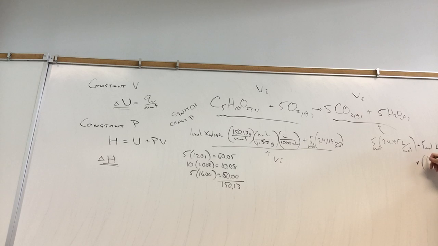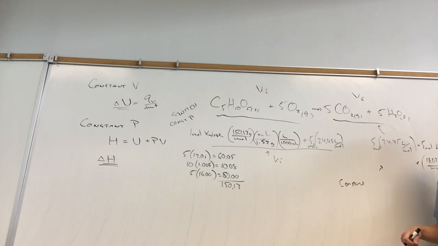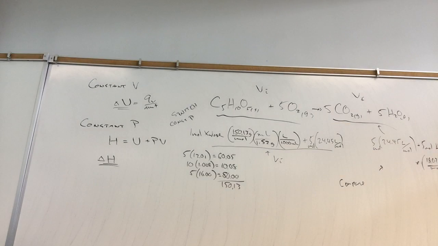Then that's going to be times 18.02 grams per mole, times 1 milliliter per 1.00 grams, and then we'll convert it to liters, 1 liter per 1,000 milliliters. Once you do this calculation, compare the two and justify whether the assumption was okay or not.